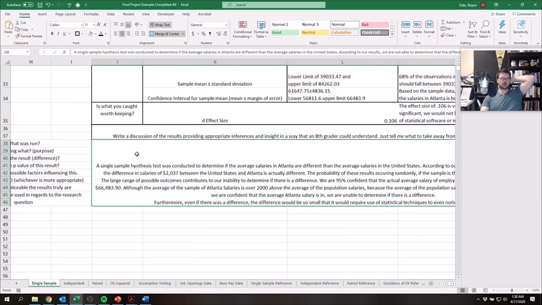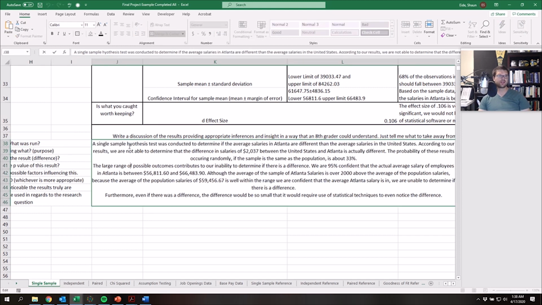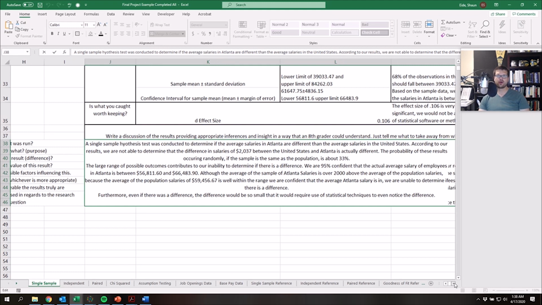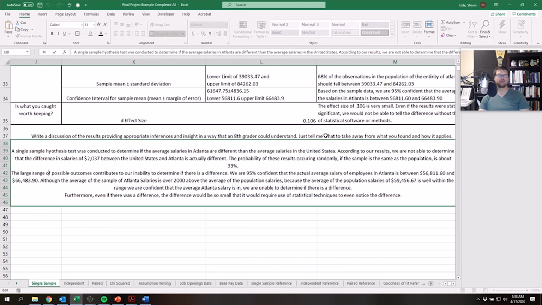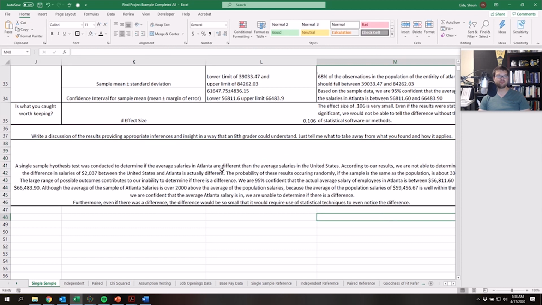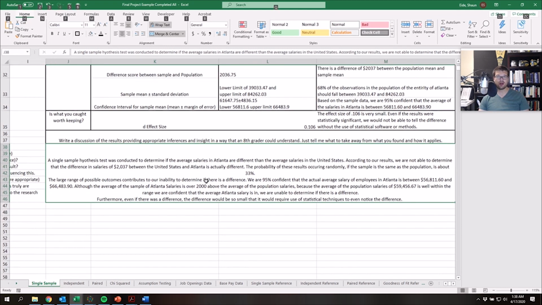Then, according to our results, let's see here, I just got to zoom out a little bit. According to our results, we are not able to determine if the difference in salaries of $2,037 between the United States and Atlanta is actually different. The probability of these results occurring randomly, if the sample is the same as the population, is about 33%. The large range of possible outcomes contributes to our inability to determine if there is a difference.